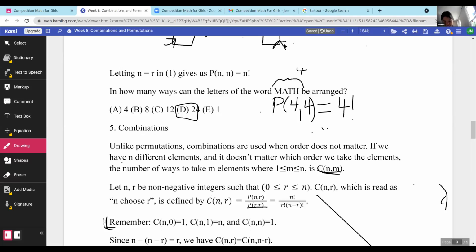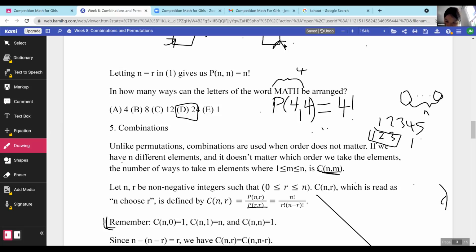So given n objects, how many ways are there to choose r objects out of them, where order does not matter. For instance, if you want to choose from 1, 2, 3, 4, 5, if you want to choose 1, 2, 3, that's a combination.